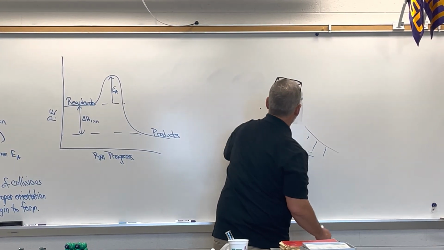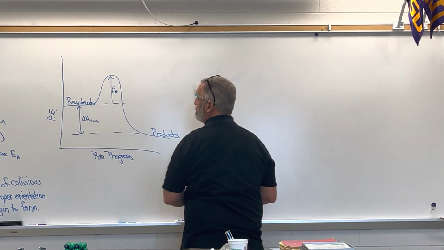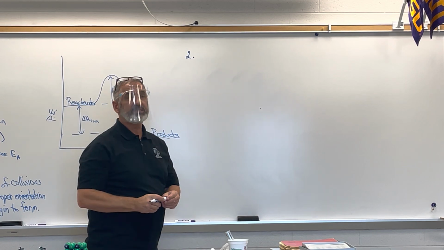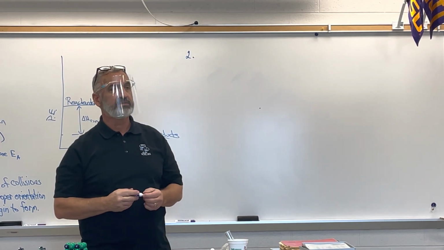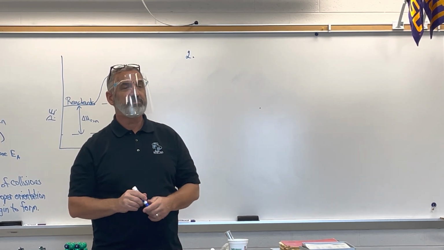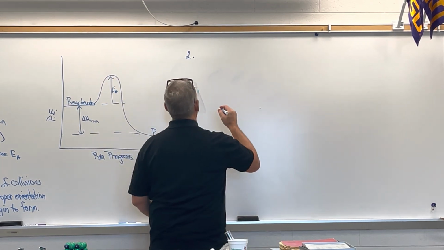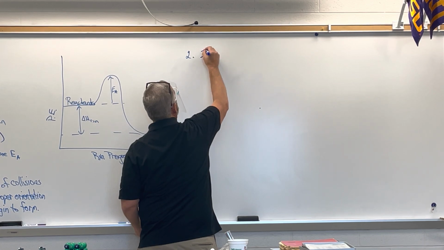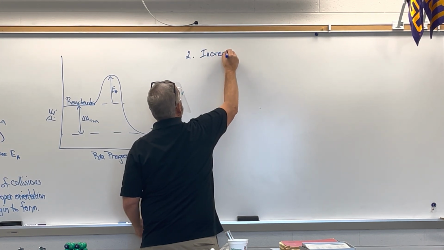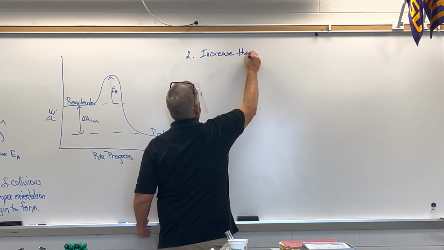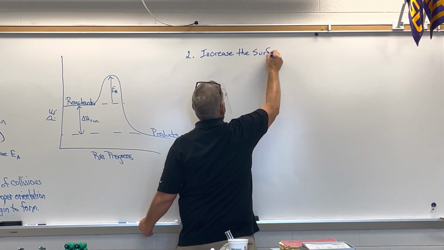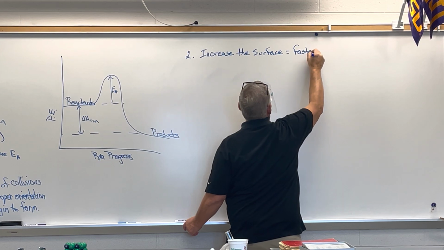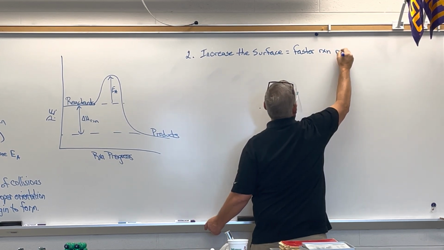I'm going to leave that graph up and I'm going to go to number 2 over here. How else can we increase the rate of a chemical reaction? Surface area. Increase it or decrease it? Increase. Increase the surface area equals faster reaction rate.